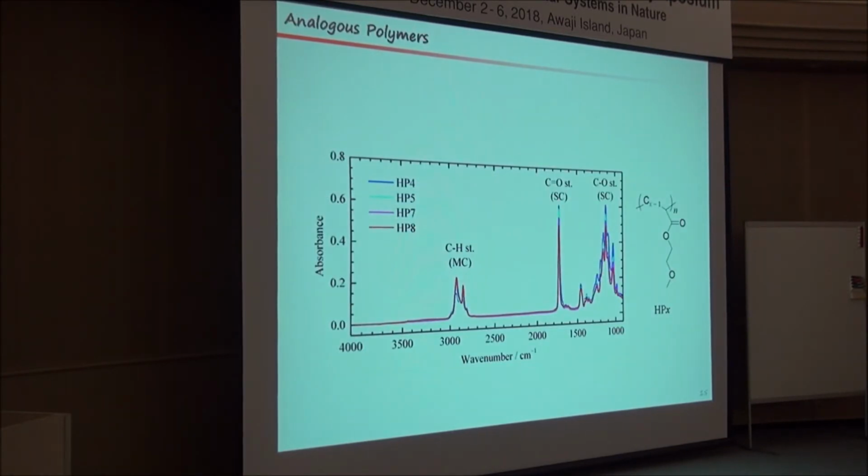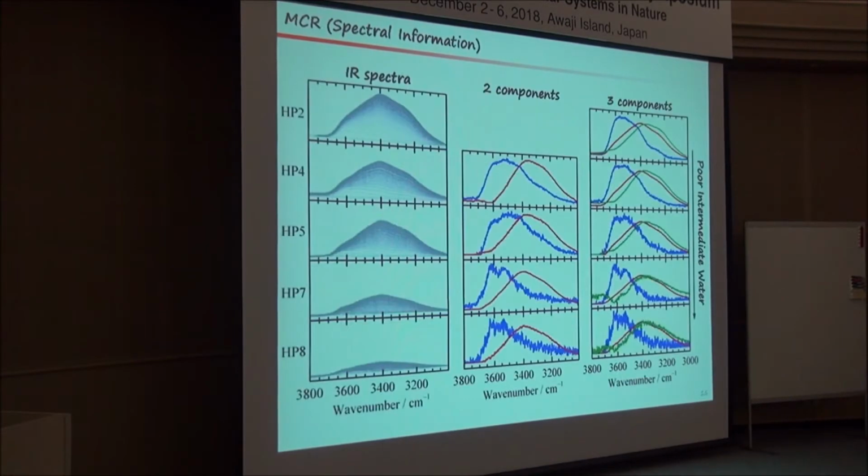And I also measured not only PMEA, but also analogous polymers having different carbon numbers in the main chain. These are the mid-infrared spectra having carbon numbers 4, 5, 7, 8 in the main chain. And we obtain the sorption process into the polymers with different carbon numbers in the main chain.